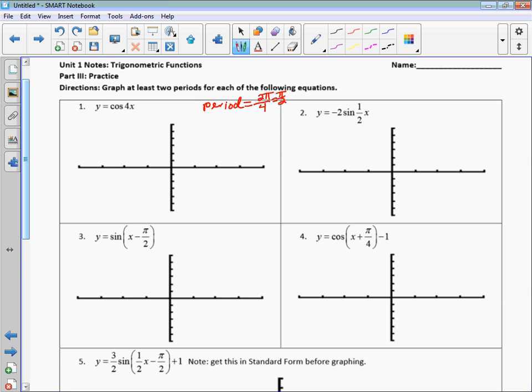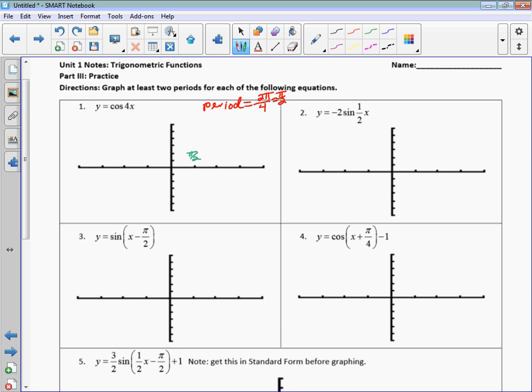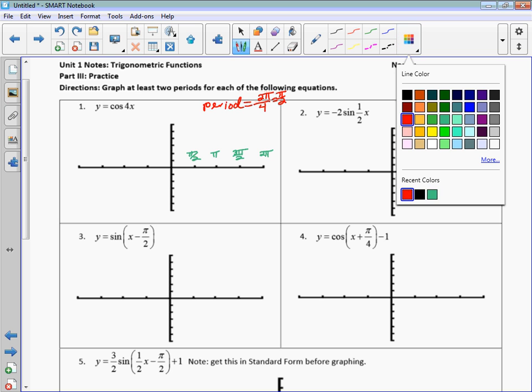Okay? So the way we go through that, I'm going to write here above it what our original labels were. Pi over 2, pi, 3 pi over 2, and 2 pi. And then I'll write underneath what we really want to label it.